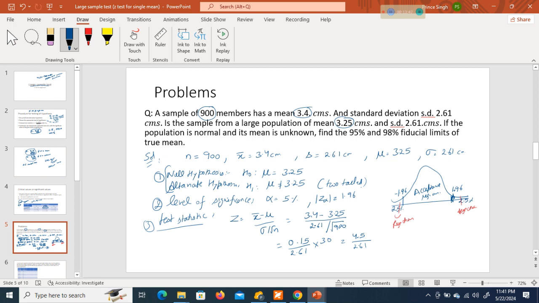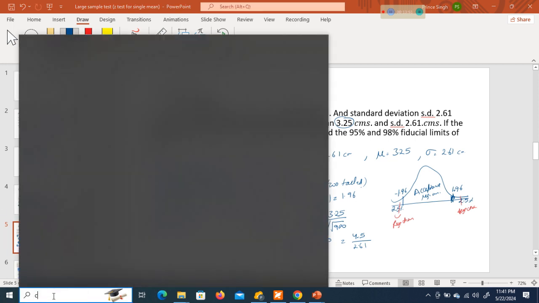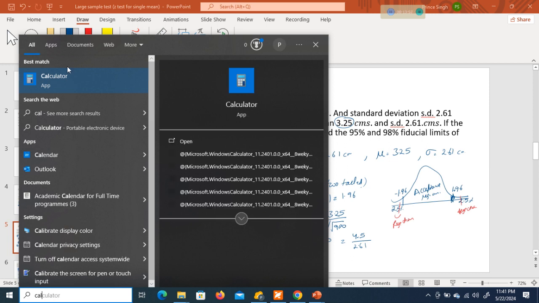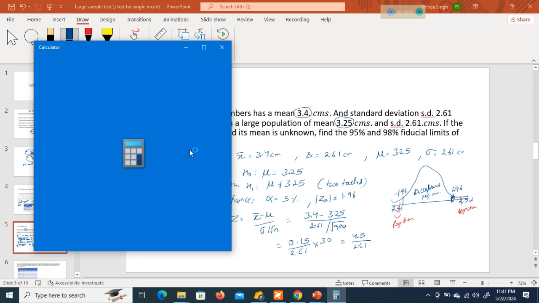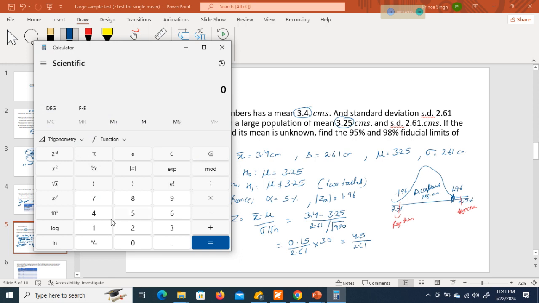Using the calculator, 4.5 divided by 2.61 comes out to be 1.72.